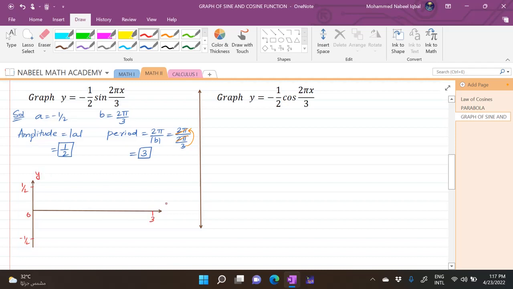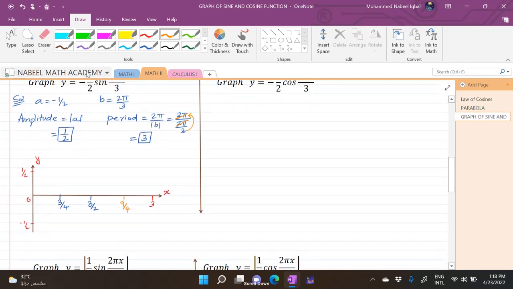This is the y-axis, this is the x-axis. I just divide by 2. If I divide by 2, you will get 3 over 2. Again divide by 2, you will get 3 over 4. Now multiply by 3, you will find this one as 9 over 4. This is the same technique we will follow for all the problems.